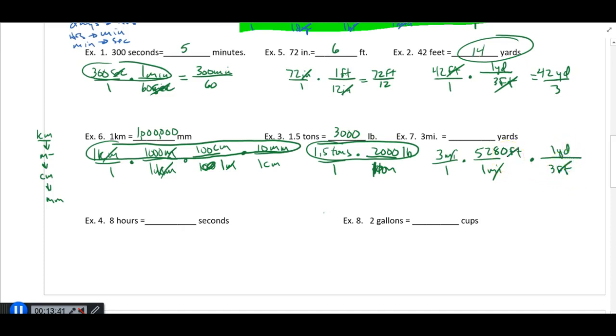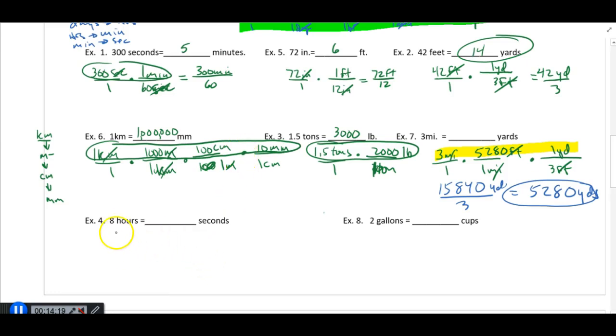And notice how I have to put feet in the denominator here. So now when I multiply the numerators, 3 times 5,280 is going to give me 15,840 yards over 3. So I have to divide this by 3 now, which ends up being 5,280 yards.